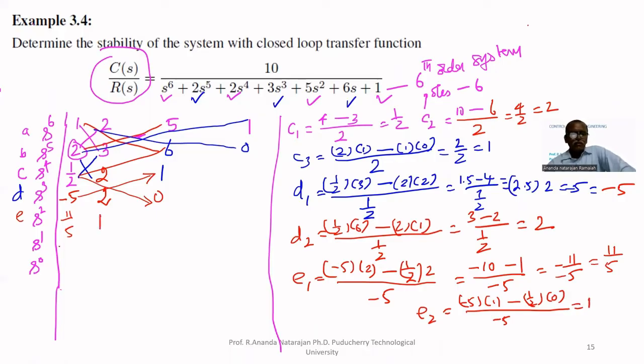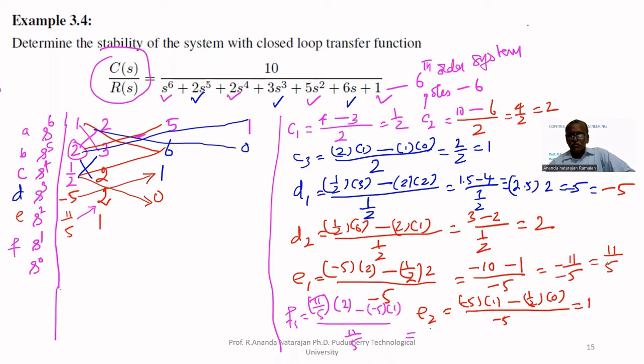S power 1 is 11 by 5. Then the F row. F1 equal to (11 by 5 multiplied by 2 minus 5 by 1) whole divided by 11 by 5.